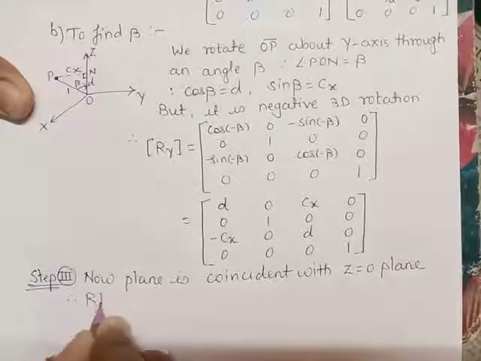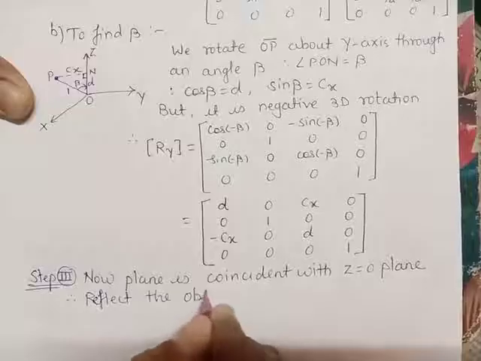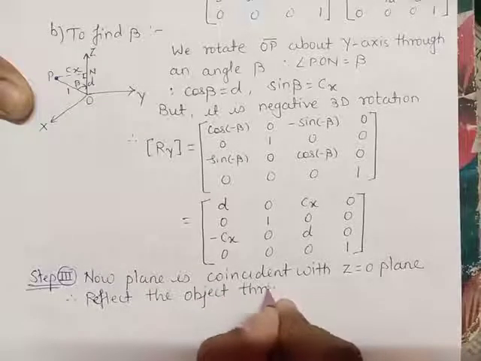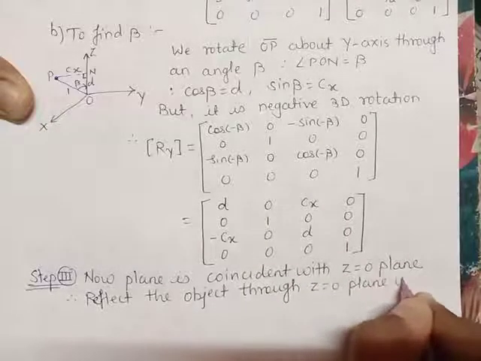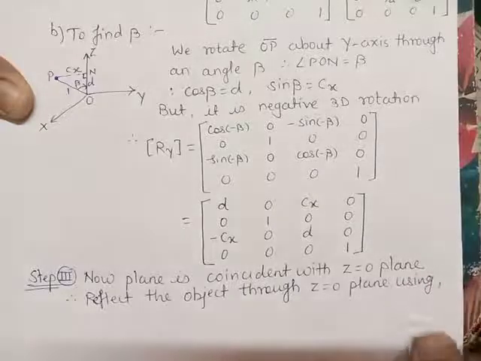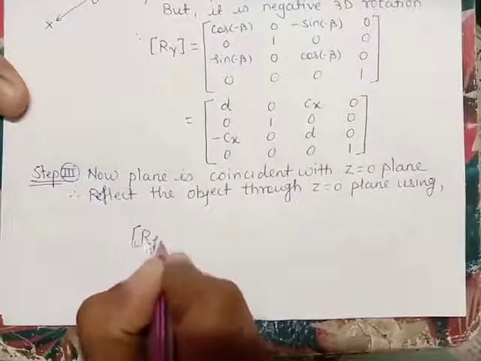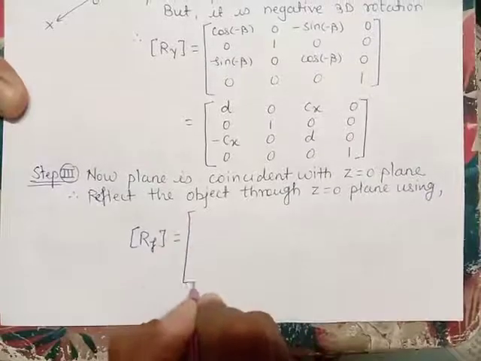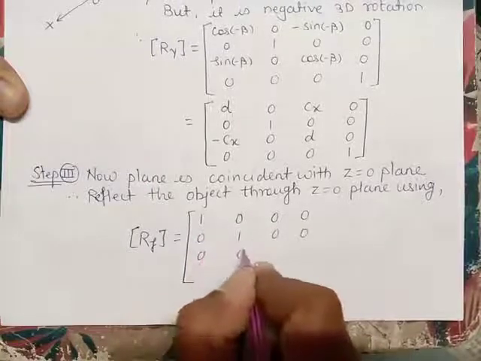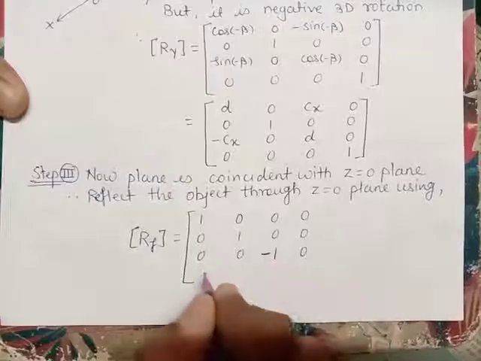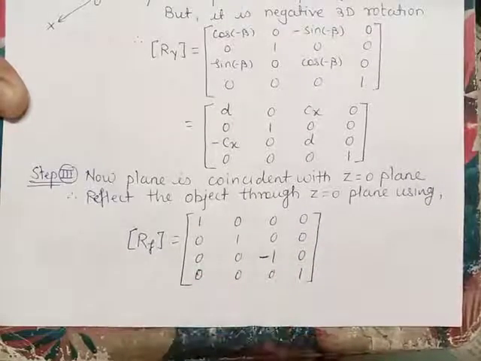Therefore, the matrix of reflection will be 1 0 0 0, 0 1 0 0, 0 0 minus 1 0, 0 0 0 1. This is the matrix of reflection through the z equal to 0 plane.